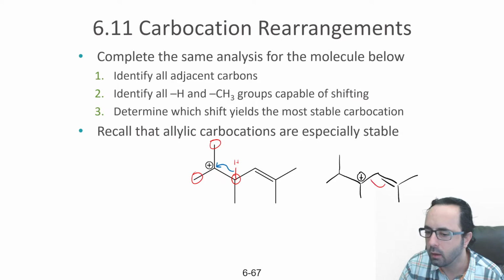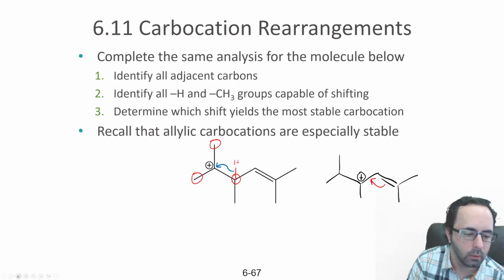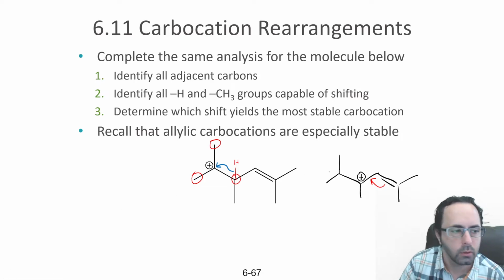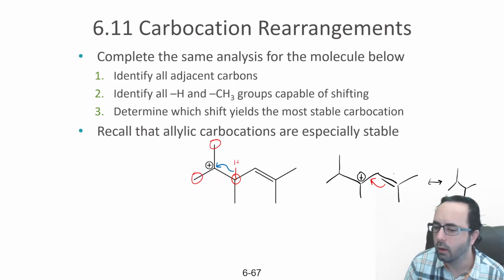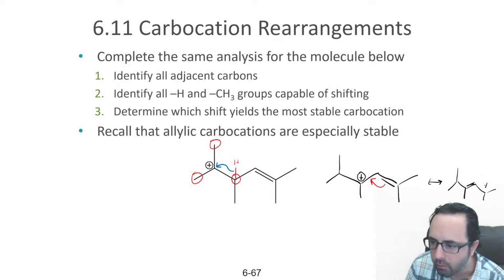So this is a 1 arrow resonance move here, and then we would draw our resonance structure. So the other structure that we're going to have is this one right here. And now this carbon is making 4 bonds with this double bond, but this one has 3 bonds right above my head here.